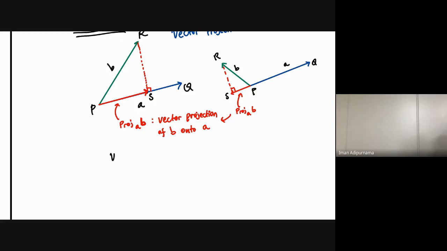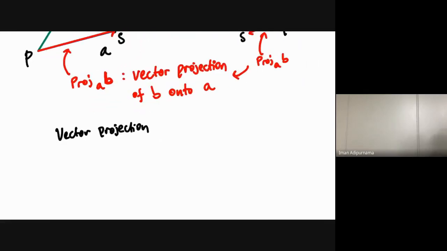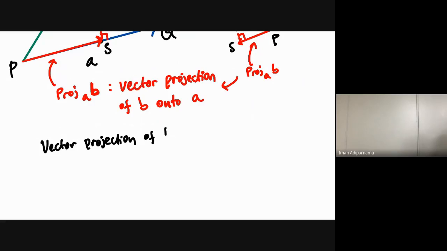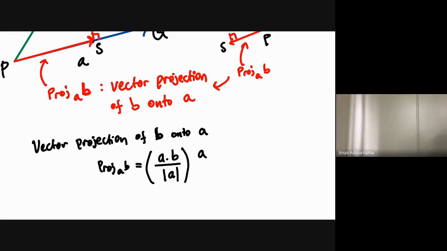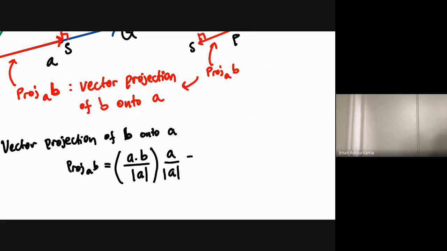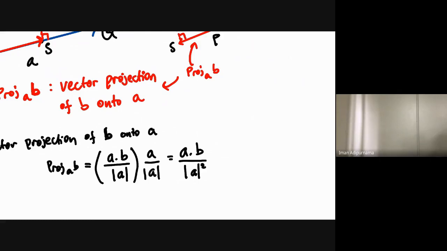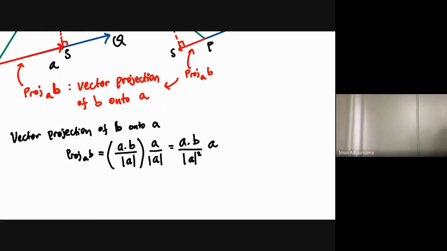So the formula for the vector projection of B onto A is the projection, and then the unit vector of A. You will see the difference with the other projections.